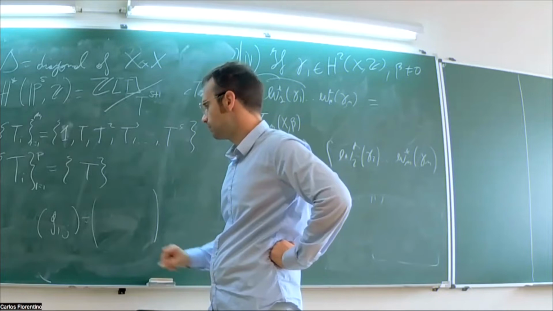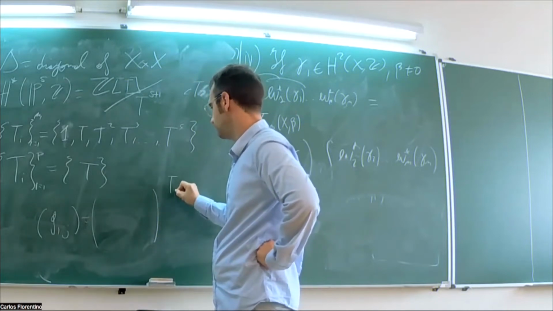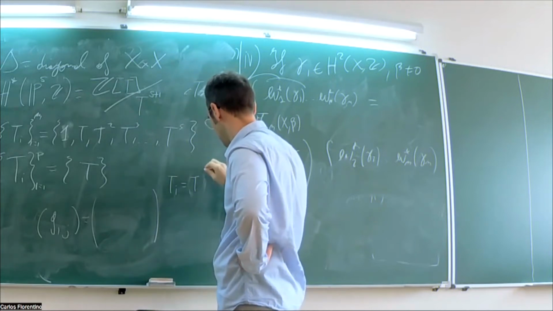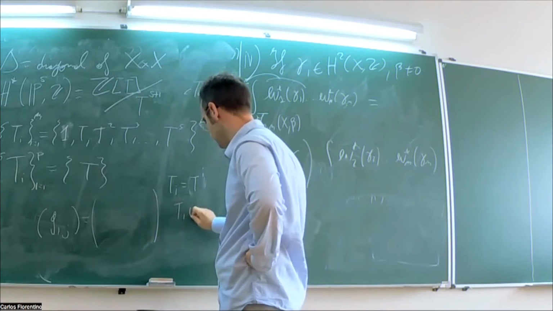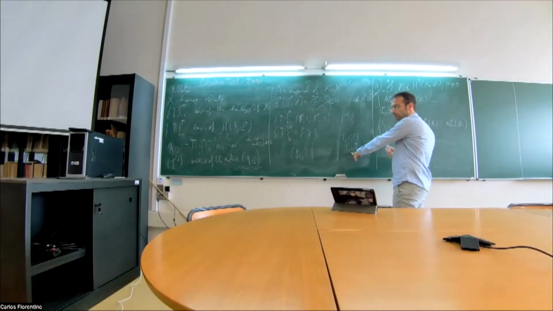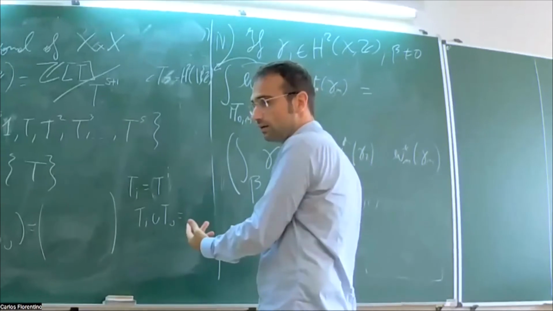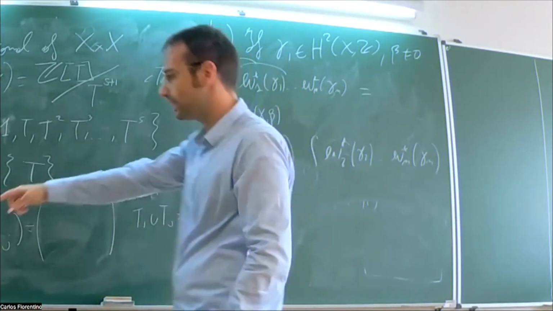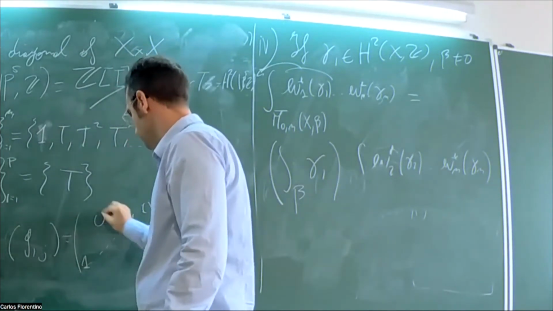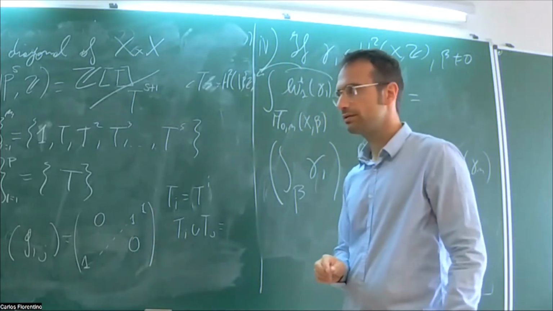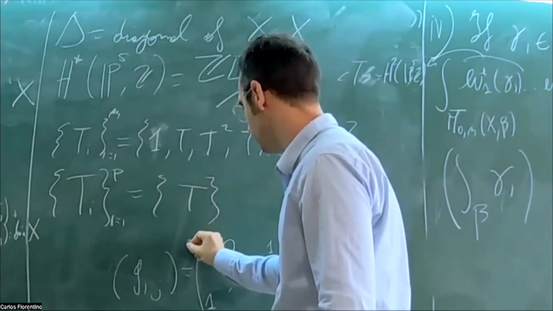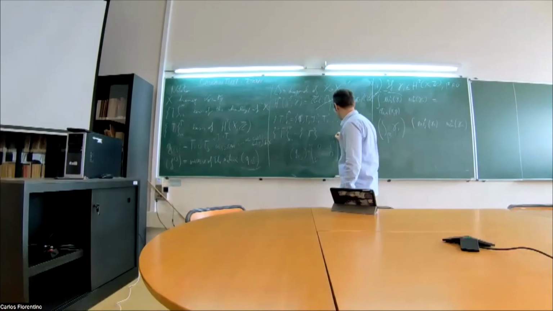So T^i on T^j is 0 when these are not of complementary codimension, and 1 when they are of complementary codimension. So in this case, this matrix has 1 on the antidiagonal and 0 elsewhere. So this is the simplest case. Why? Here we have 1, and here we have T^s.